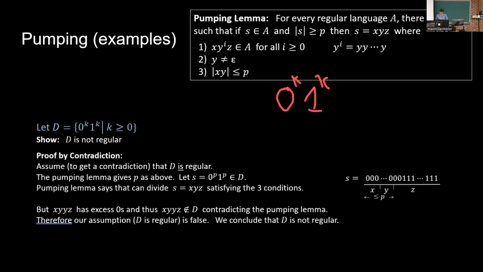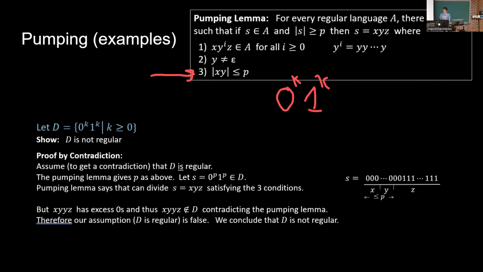And it might seem daunting, like, okay, how do we pick a string at first? The whole key of proving something is irregular is you just want to exploit this property here: the fact that y has to be within the first p characters of the string.